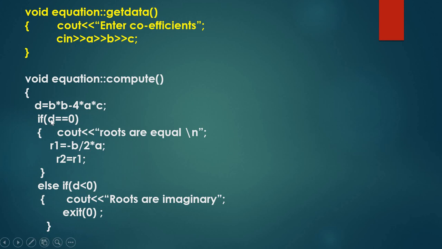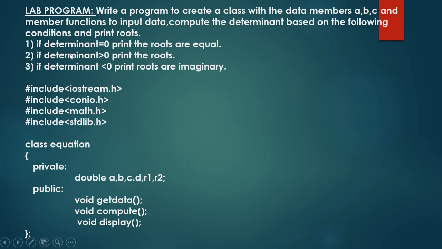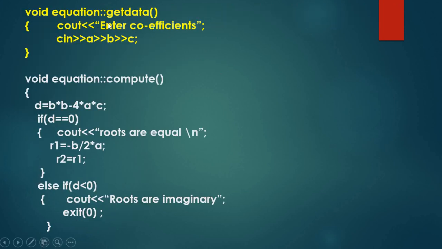Then the first condition: if D is equal to 0. In the question they have given, if determinant is equal to 0, roots are equal. What is the equation for that root? Minus b divided by 2a.